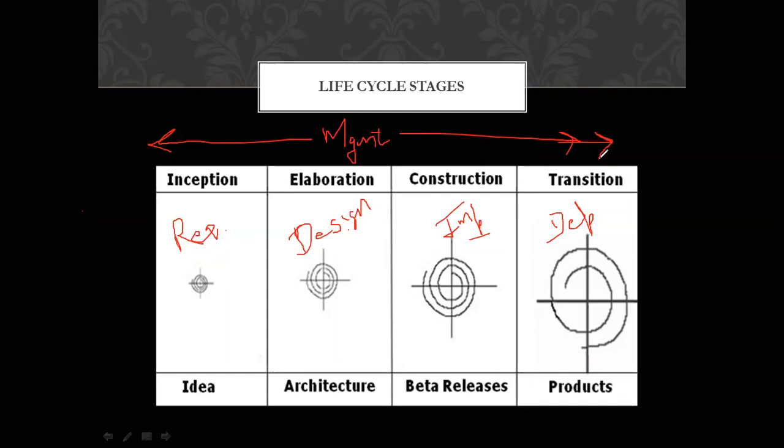I hope I made my point clear. I wanted to discuss with you that more focus of requirement is on the inception phase, more focus of design is on the elaboration phase, more focus of implementation set is in the construction phase, deployment in the transition phase, and management for all four phases.